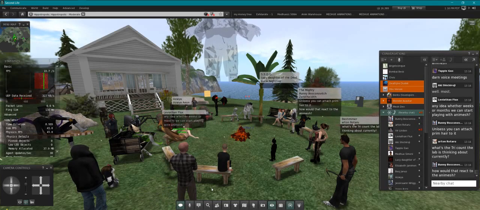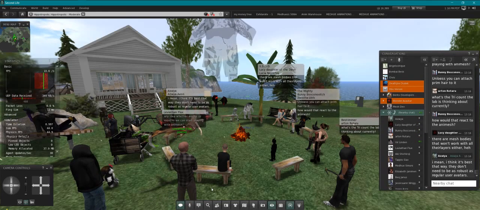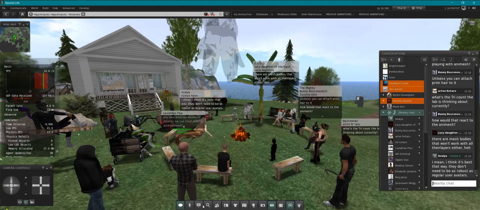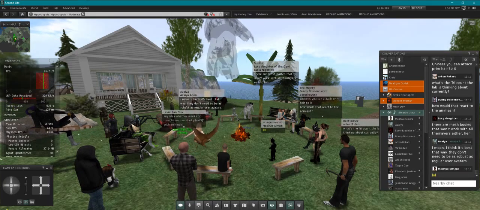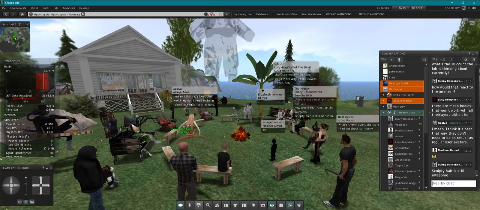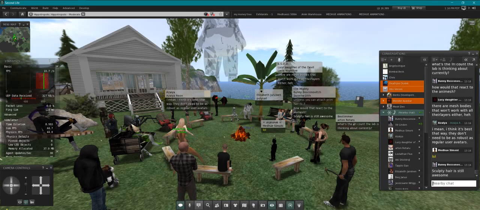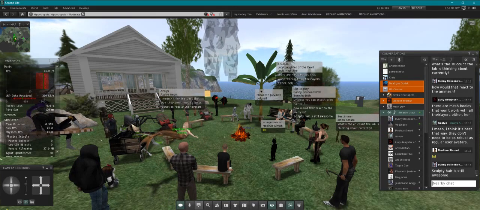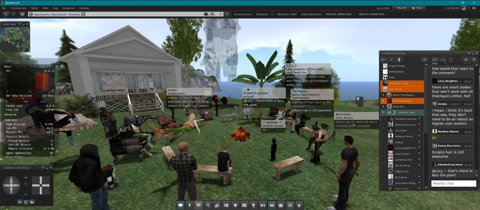Prim hair, yeah, no prim hair. I don't think we've tried anything that has any mesh tri-based hair yet.